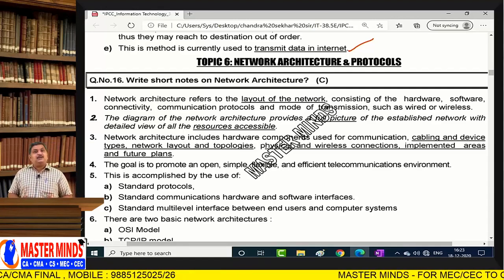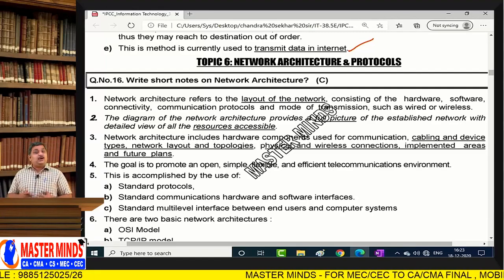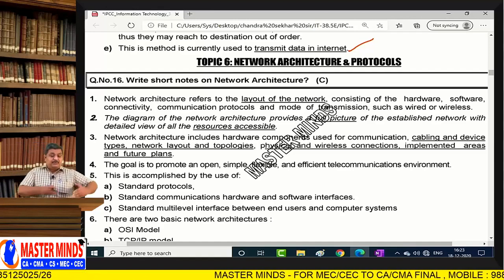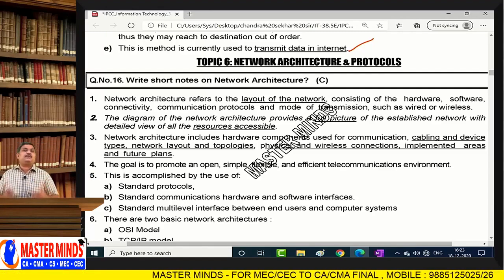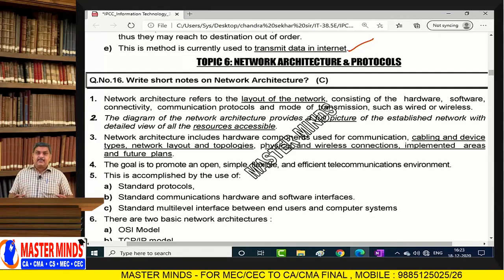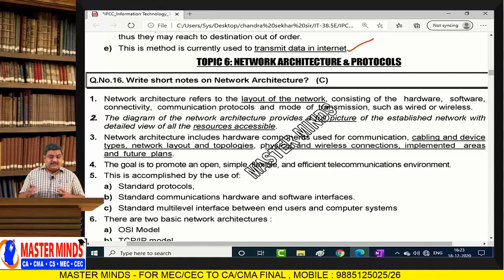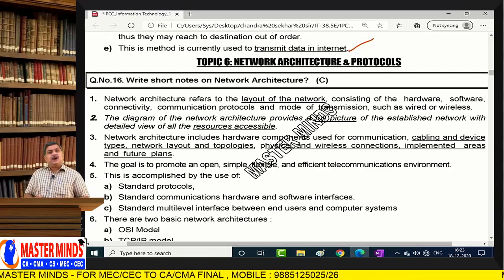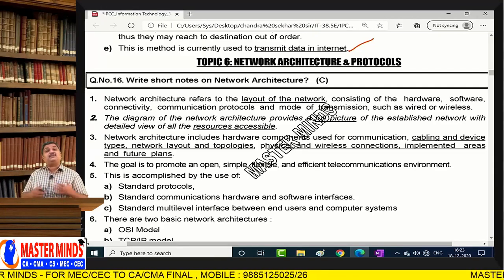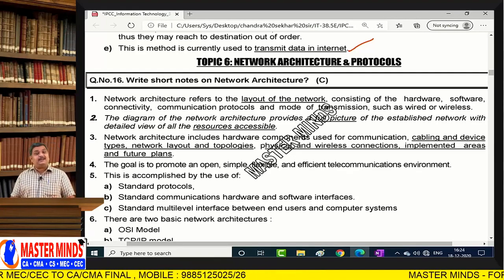Then, what is required? We have to design an architecture. We have to design a layout regarding how data from computer A moves to computer B. That is very important. So all these things will be given by the network architecture. So network architecture refers to the layout of the network. Means how the network is made, how the network is built, what software is required, what hardware is required.